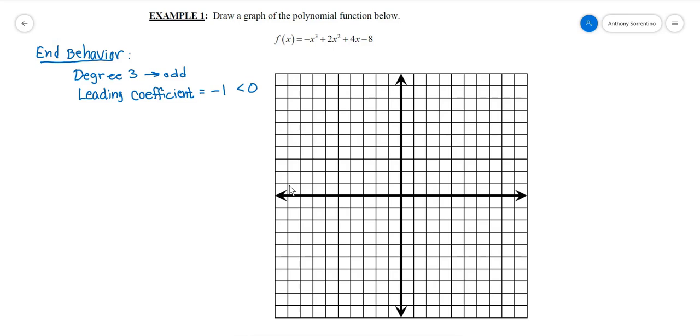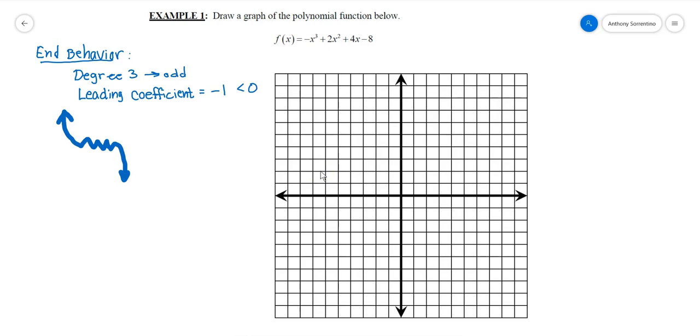So having an odd degree means that the two ends should point in opposite directions. Having the leading coefficient be -1 means that the end behavior should look more along the lines of this. So I know what the end behavior is going to look like. Overall, the graph is going to have the left side pointing up and the right side pointing down.